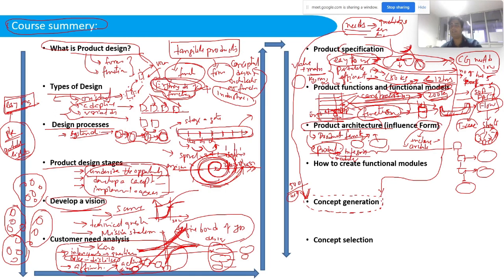Integral is where the functionalities cannot be separated. There is only one particular functionality, and you cannot break down the product parts in terms of different functionalities. And the modular design is one which has different functionalities.